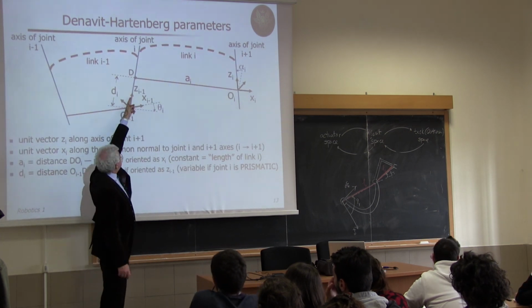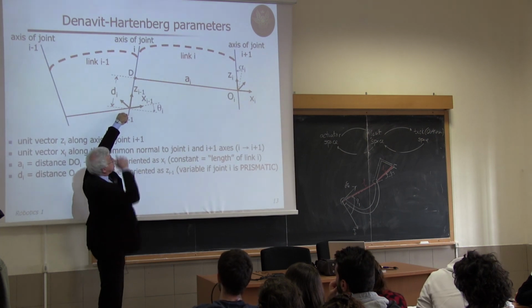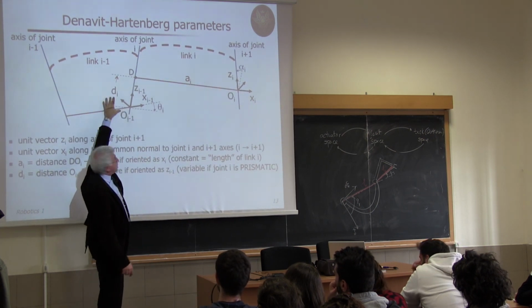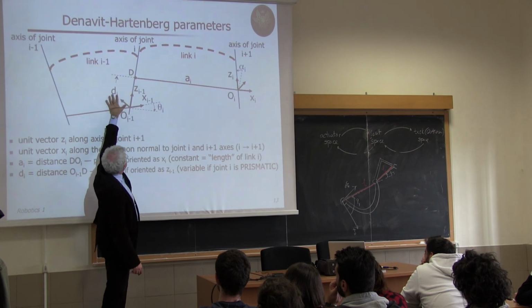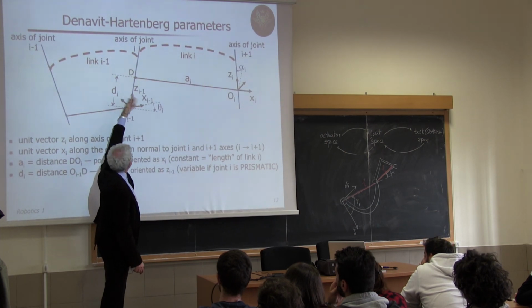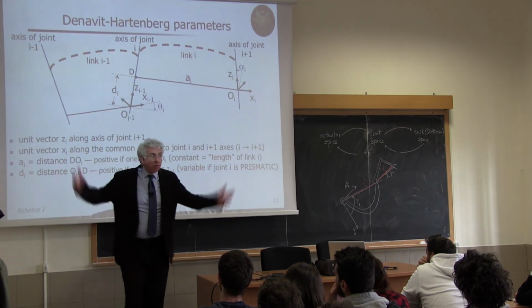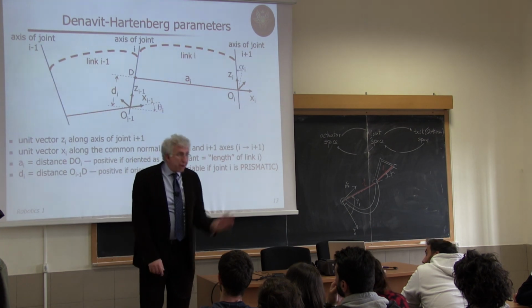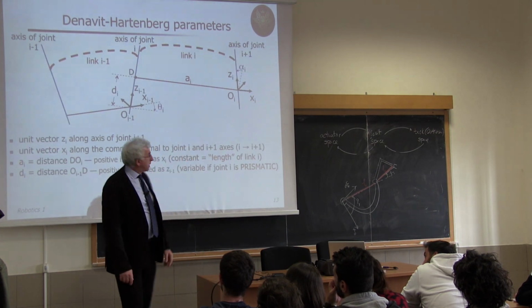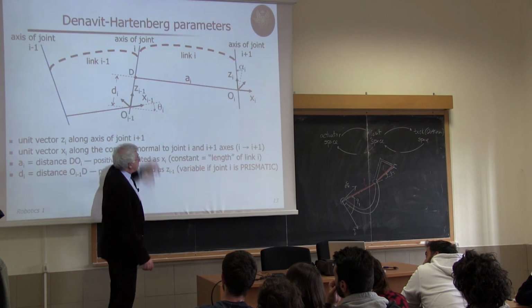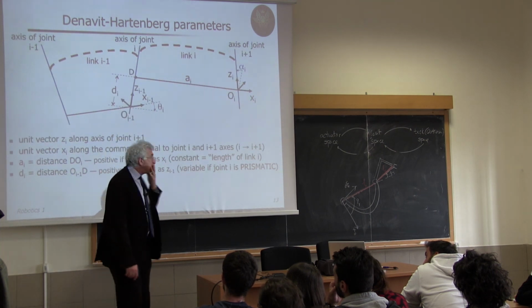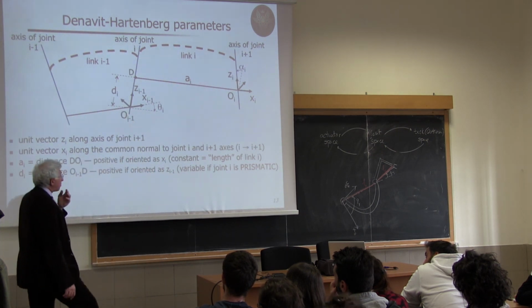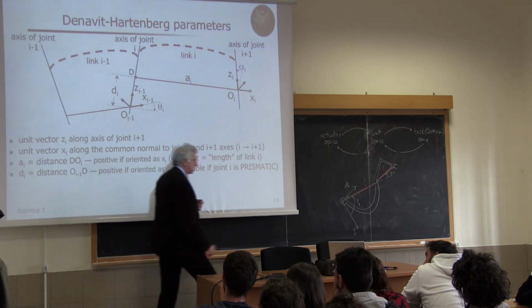So if I had chosen Zi minus 1 like this, and this was a revolute joint, so di was a constant, this constant would be di equal minus, let's say, 3 centimeters or minus 5 centimeters, okay? In this case, this is positive. And this is variable if the joint I is prismatic.